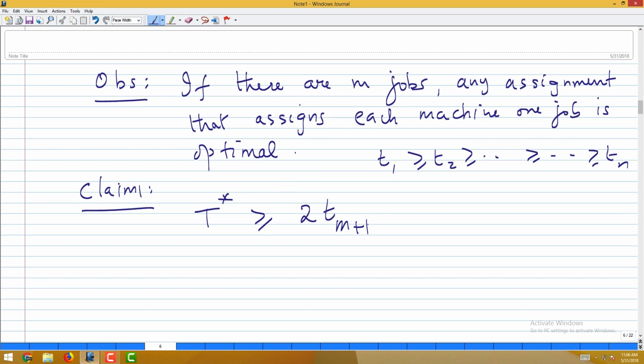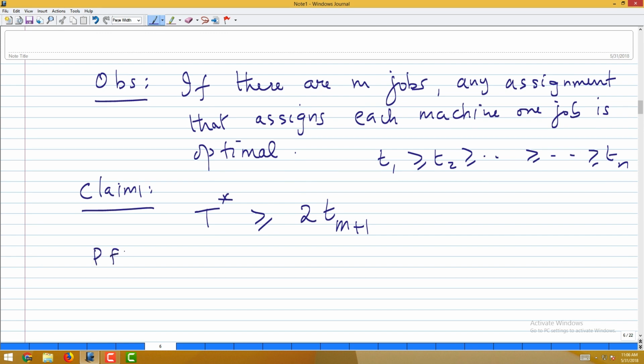Let us even ignore jobs after m plus 1 and look at only the first m plus 1 jobs in an optimum assignment. Clearly, one machine will have at least 2 jobs, because there are m plus 1 jobs, by the pigeonhole principle. And what would be the makespan there? At least 2 times T m plus 1, because T m plus 1 is the least among them, since we have arranged the jobs in sorted order.